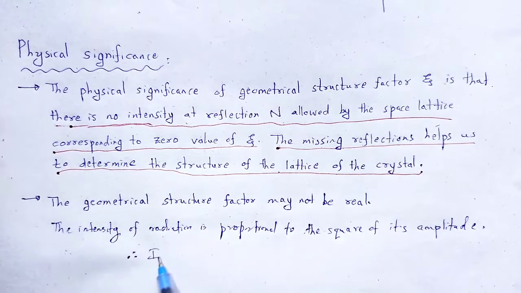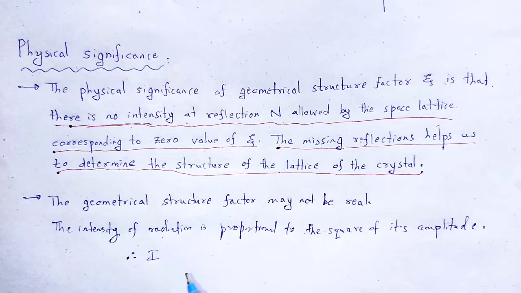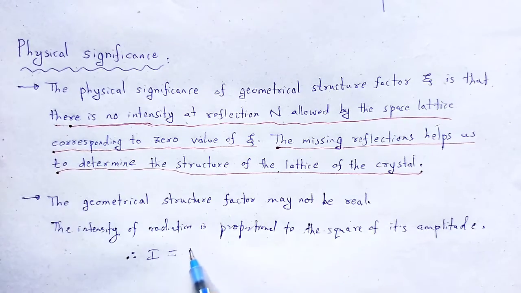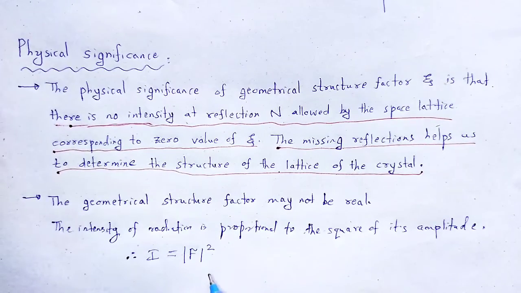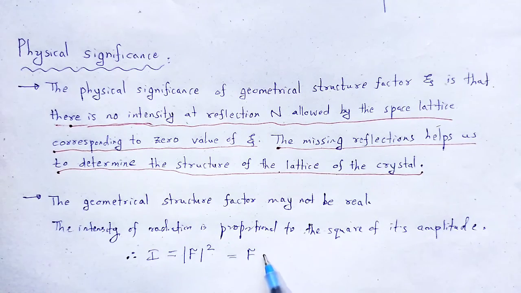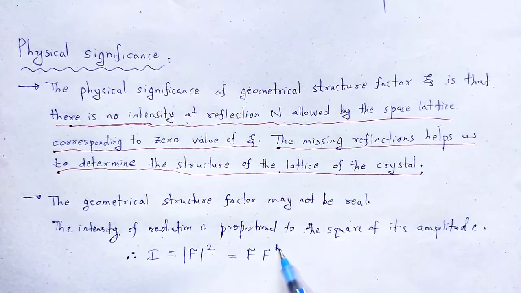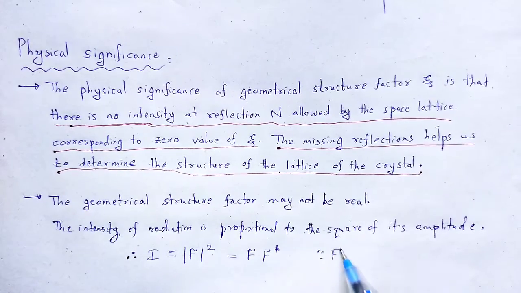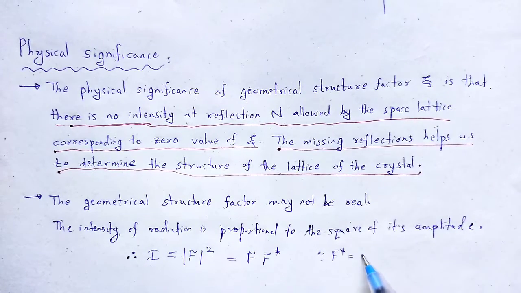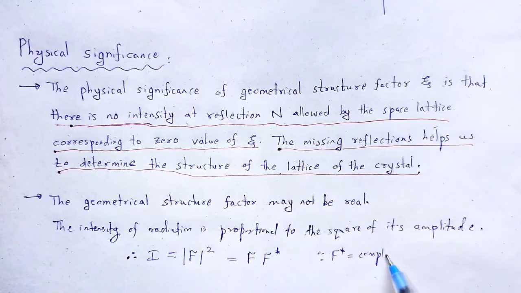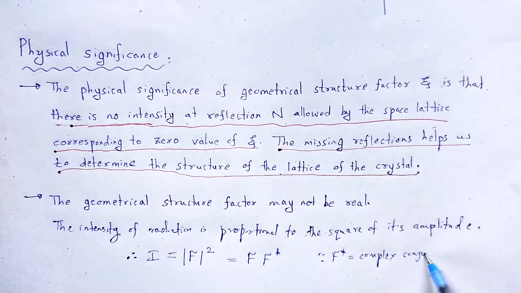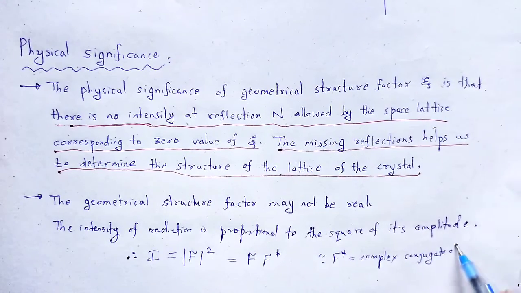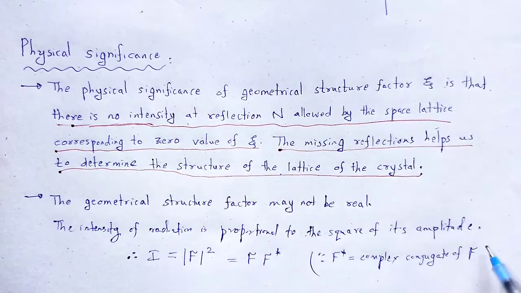Therefore, I, the intensity of radiation, is the square of its amplitude, magnitude of f squared, that is equal to f and the conjugate of f, where f star is the complex conjugate of f.